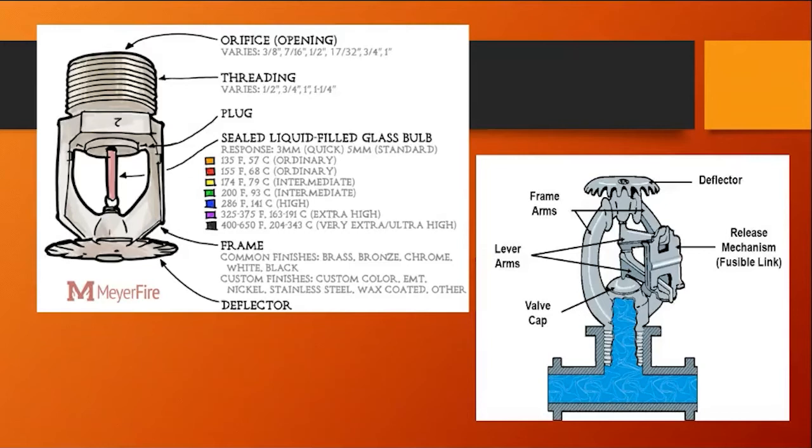Paano ba gumagana yan? Halimbawa po, yung orange, sir, pag na-reach na po yung temperature, halimbawa po, 135 Fahrenheit or 57 degrees Celsius po, sir. Parang magbubukas po yung, mag-break, parang mag-open siya, di ba? Kasi siyempre sarado yan sa umpisa, di ba? Doon mag-open siya. Meron pong pitong kulay, sir.